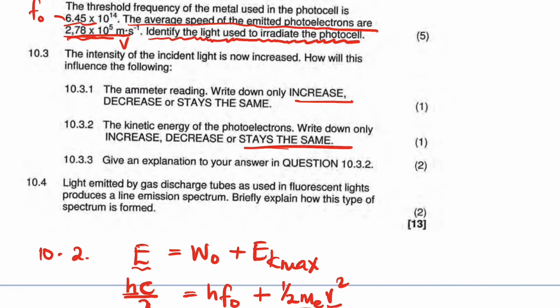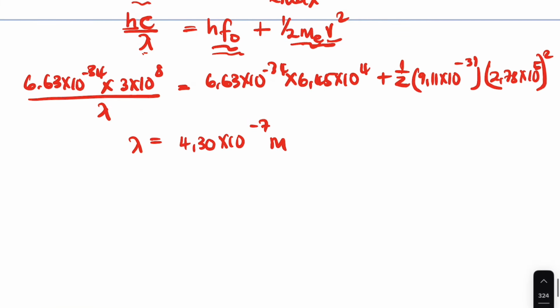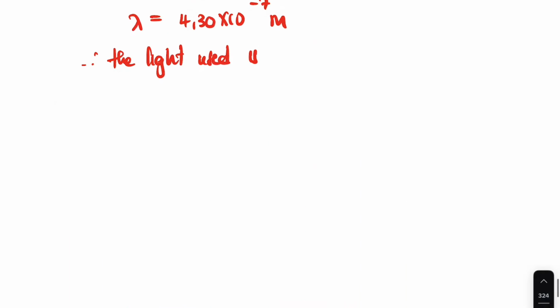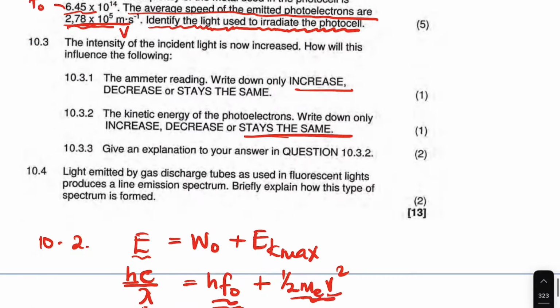The next question in 10.3 will say, therefore the light used is what? Ultraviolet, which is UV light. The ultraviolet is UV light, guys. Right.